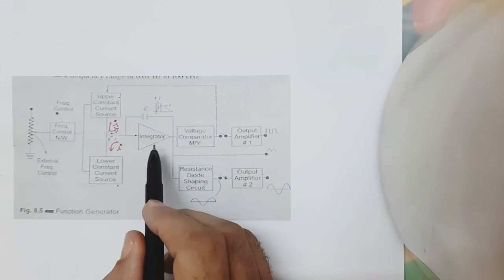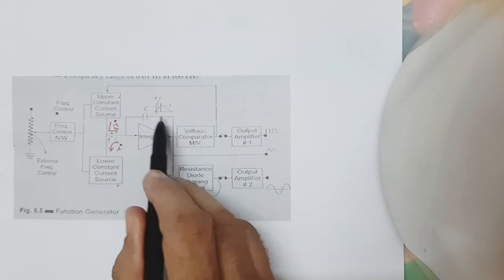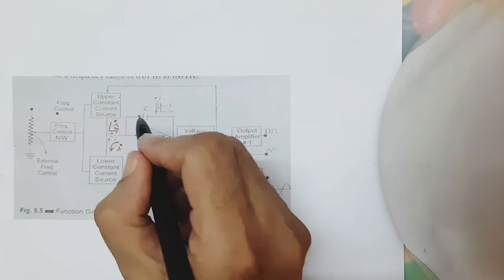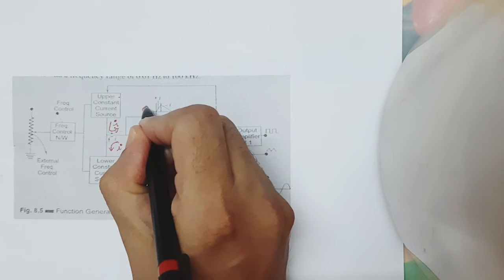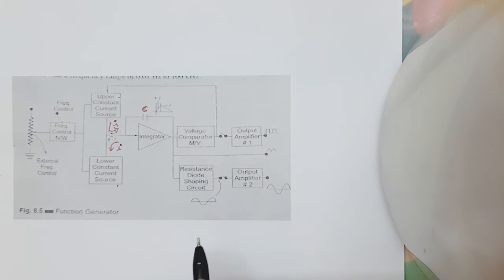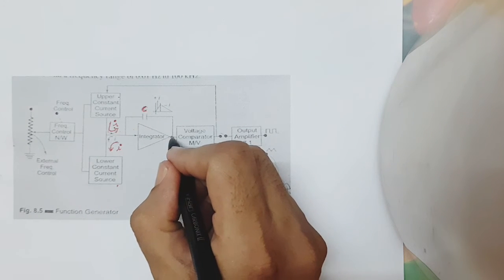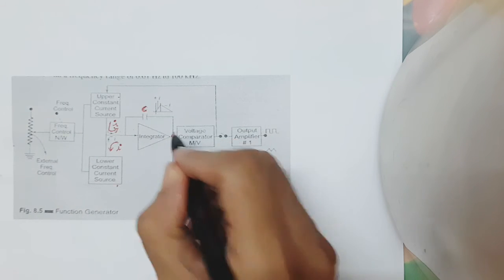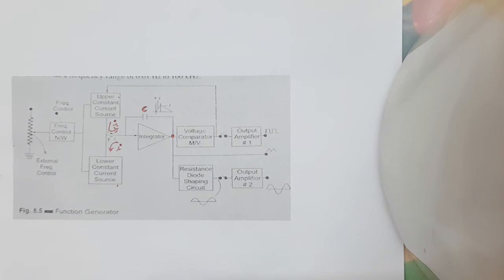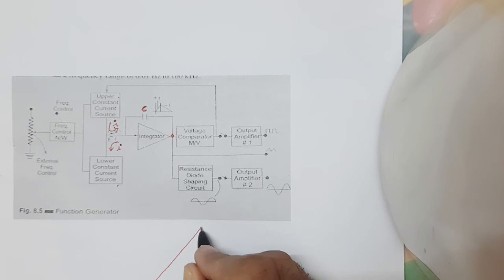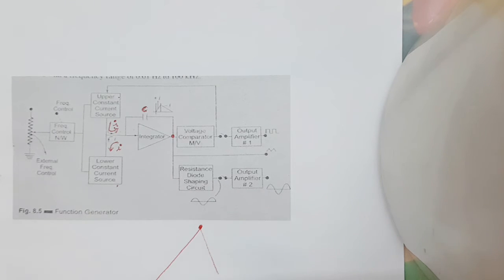Then it is given to the integrator circuit. This is our integrator circuit. So with the help of this C, we are getting the waveform across the integrator here. Which type of waveform are we getting? We are getting this type of voltage: it increases, increases, increases, and then when it reaches the upper maximum voltage, it decreases.